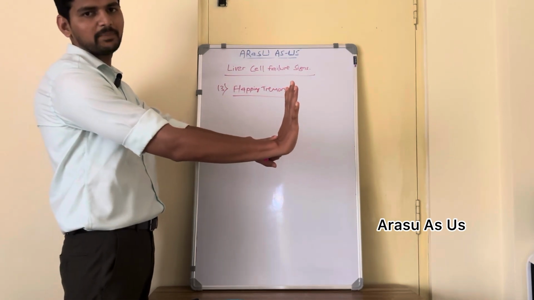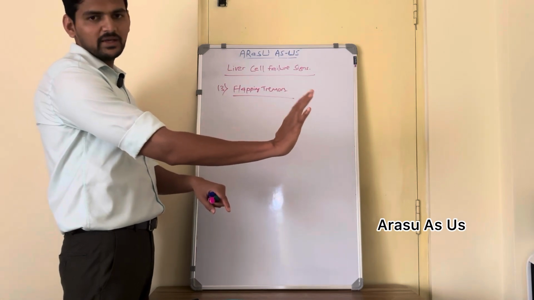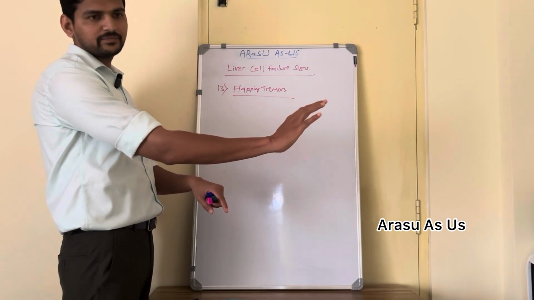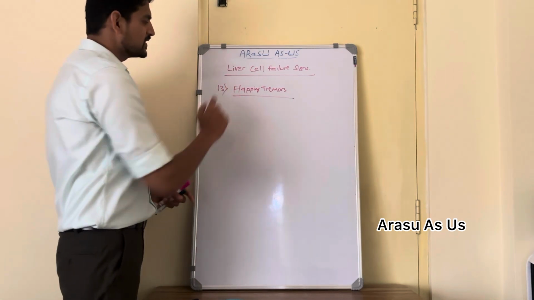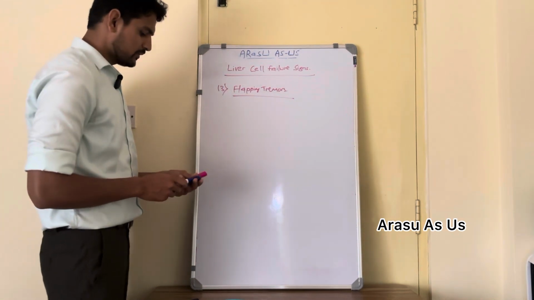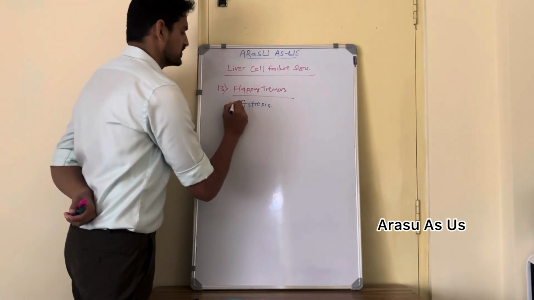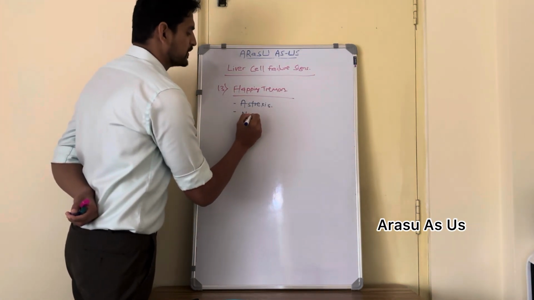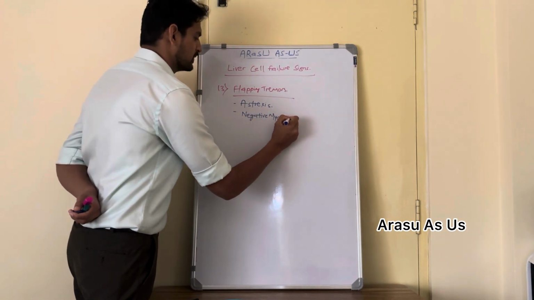Then we will be able to observe flexion and extension of the digits. So that is nothing but flapping tremors, which is also called asterixis or negative myoclonus.